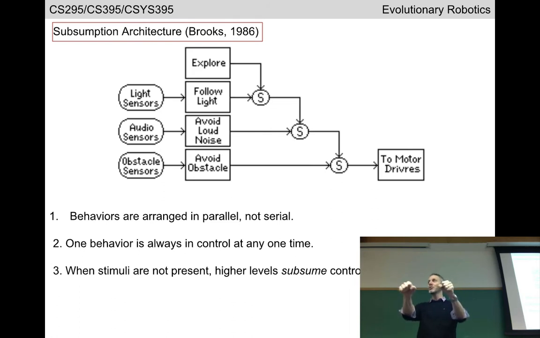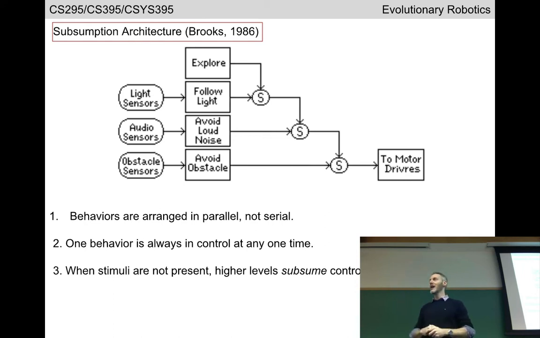They subsume control of the motors, and it will turn towards the light. This is basically the aggressor Braitenberg vehicle, right? So it's attracted to light, scared of loud sounds. If there's no clear light source, no loud sounds, no obstacles, no danger, there's nothing really interesting going on right now. So let's just explore the environment.